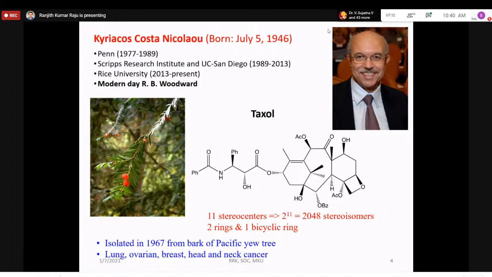There are several compounds which are very complex in nature, and all these compounds are very useful in the treatment of some heart disease and cancer. This compound, taxol, is used to treat lung, ovarian, breast, head, and neck cancer. It was isolated from a tree, the structure was elucidated, and this compound, taxol, was synthesized in the laboratory. So he is the modern day Woodward, I could say.